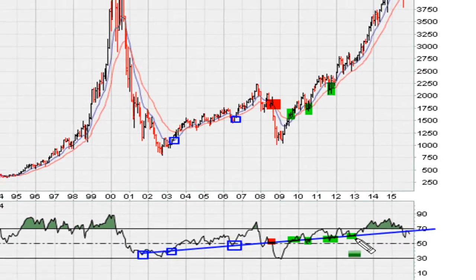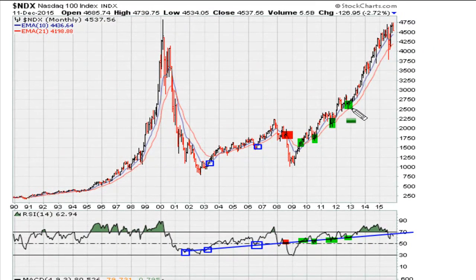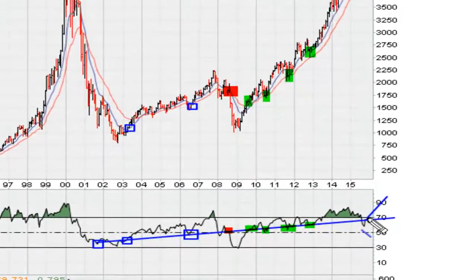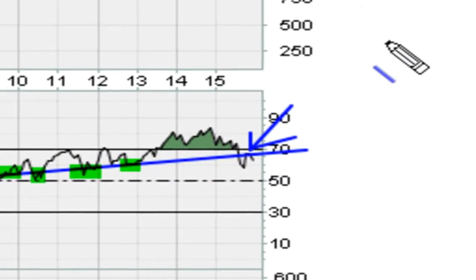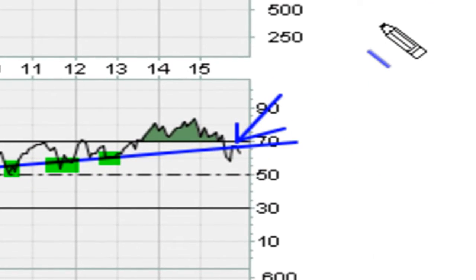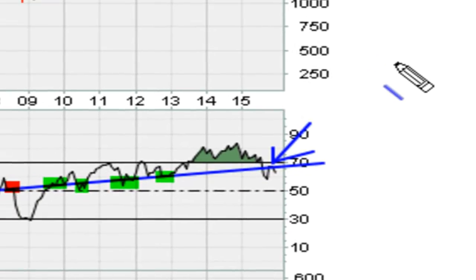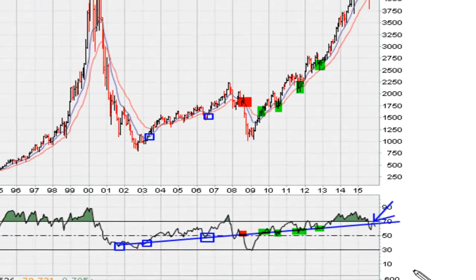It touched the same level for the lows of 2012, and now it seems like the market is giving us a backtest failure, which is a sell signal. So there's another line indicating that long term this market might be struggling.